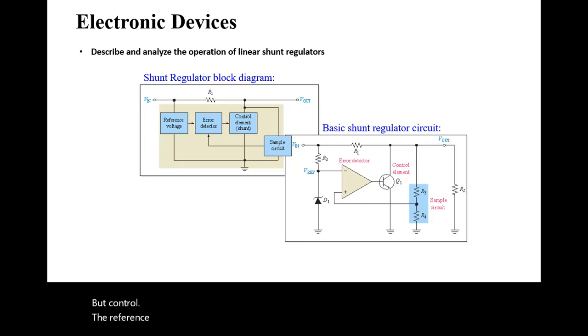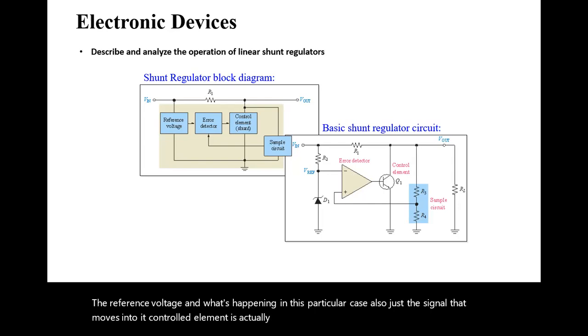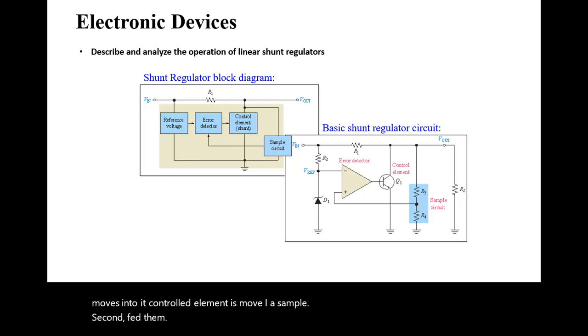The signal that moves into the control element is actually moved via a sample circuit that is compared with the reference in the error detector. Or as you can see in the real circuit, the error detector, control element, and sample circuit. Again, the sample circuit consists of a voltage divider type of network.